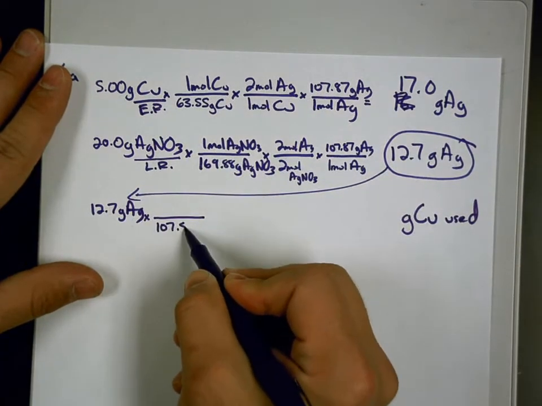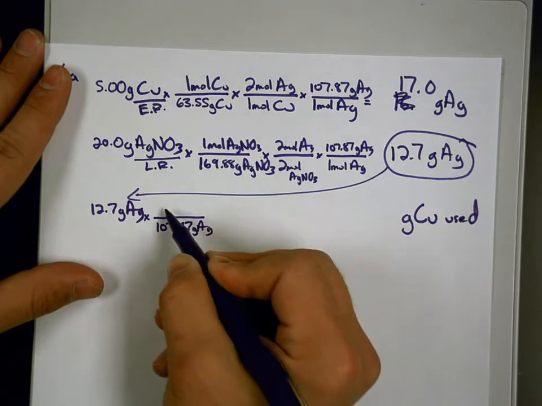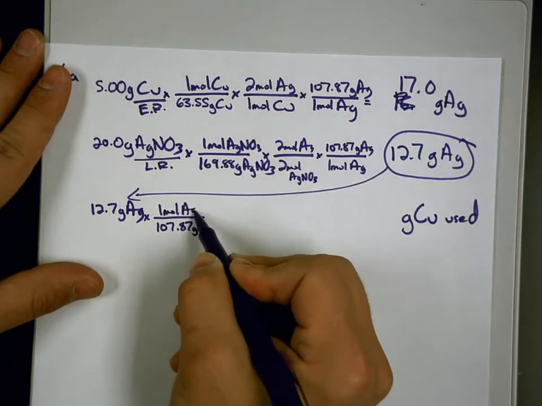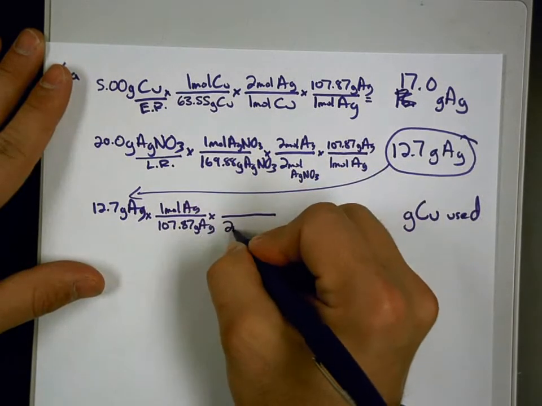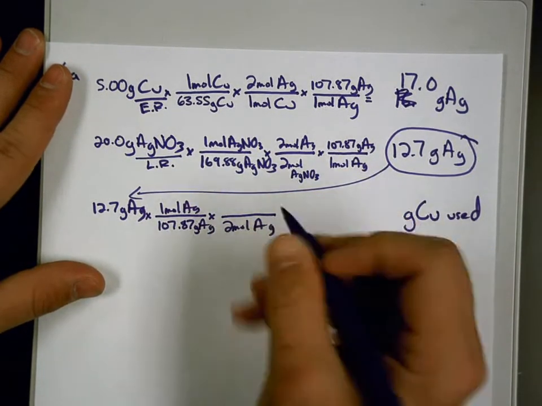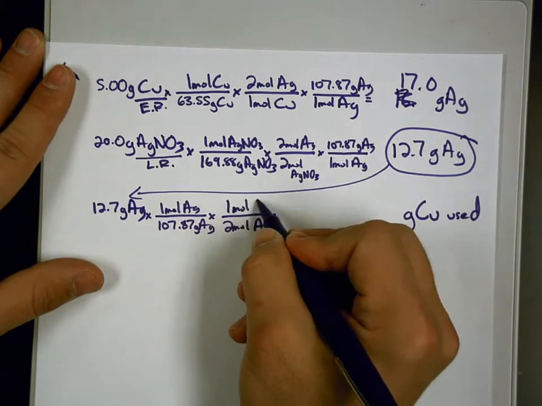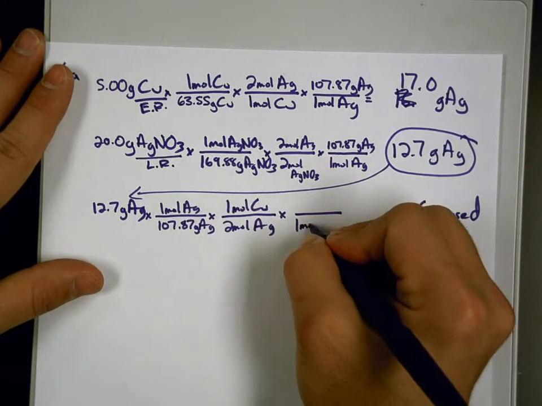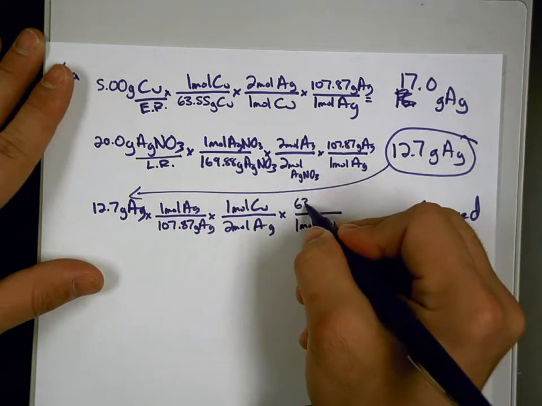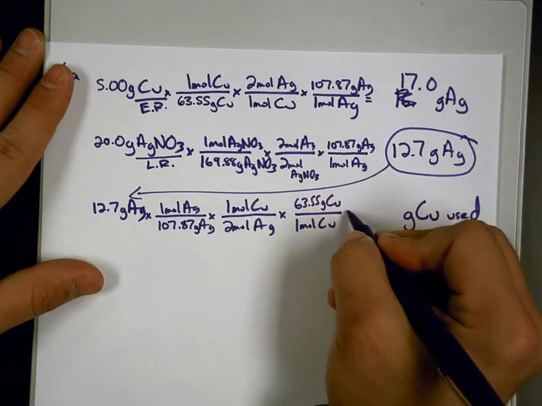The molar mass of silver is 107.87 grams per 1 mole. The mole ratios from the balanced equation are, for every 2 moles of Ag, we needed 1 mole of copper. And then the molar mass of copper, for every 1 mole of copper, we have 63.55 grams of copper.